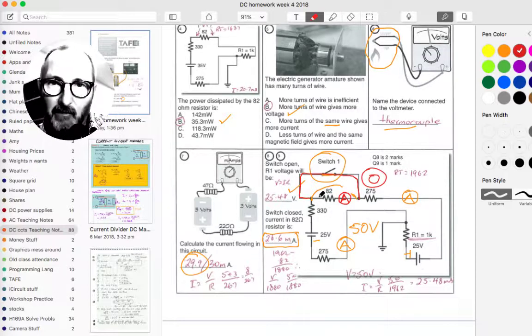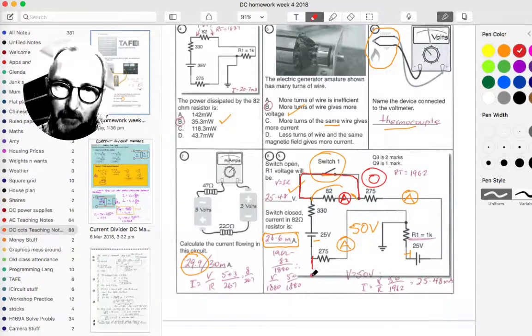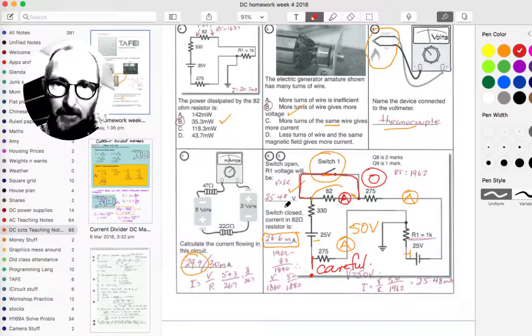There'll be zero current going through the 82 ohm resistor because all of the current will go through the wire which is across the resistor. So look, all I can do there, put an exclamation mark. He's not the only one that did that. And I'll just write there, careful. Be careful when you answer a question like that. Always think exactly what the question is asking you to do.